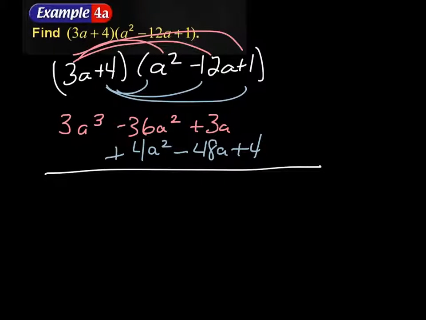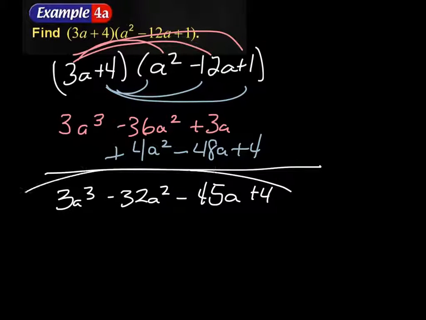And all we have left is to combine our like terms. Now I kind of, by habit, went ahead and lined up my like terms vertically, which is kind of handy. I got used to that from using the squares to do our work in. Negative 36 plus 4 would be negative 32a squared. 3 plus negative 48 is going to be negative 45a. And plus 4, and there you are.